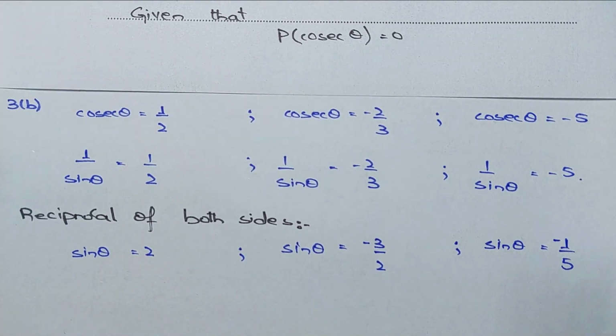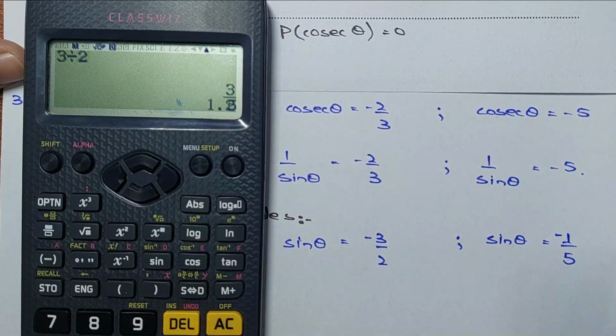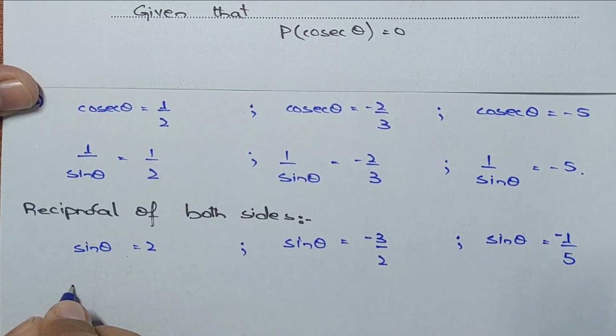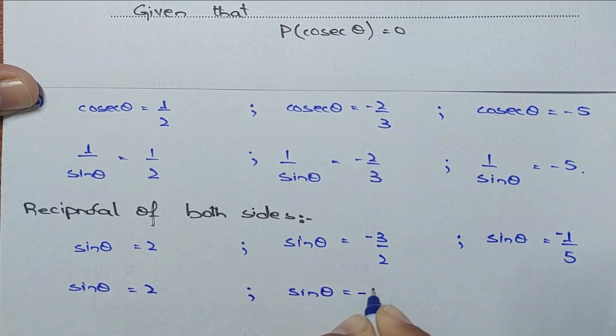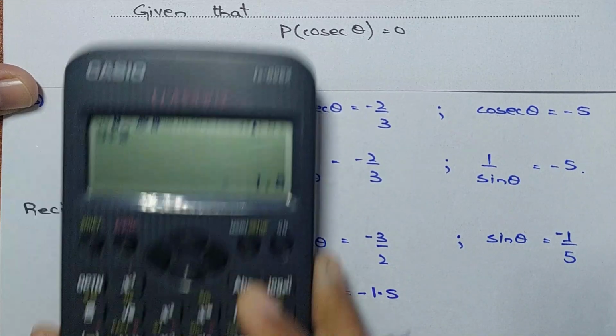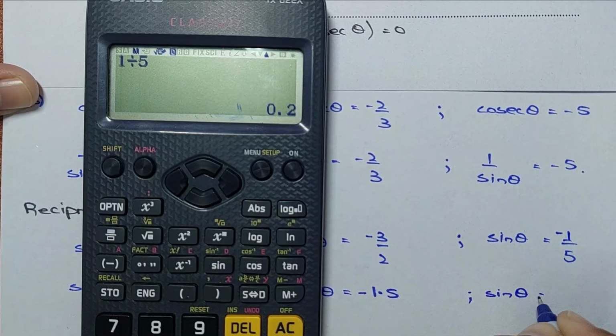This is 2. What is 3 by 2? 3 by 2 is 1.5. Okay. This value of sine says sine theta is 2. This value of sine says sine theta is minus 1.5 and 0.2. This value of sine theta says this is minus 0.2, right?